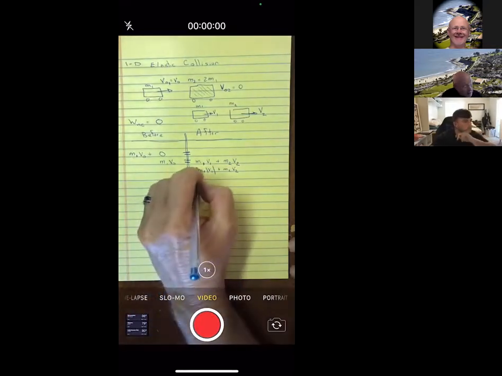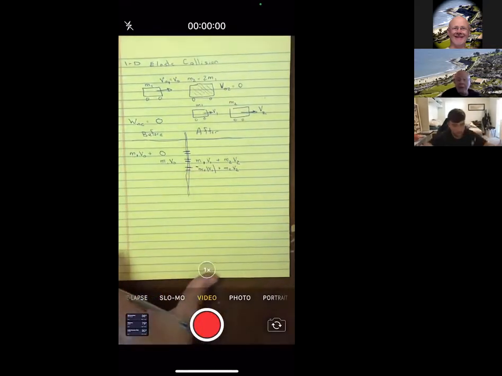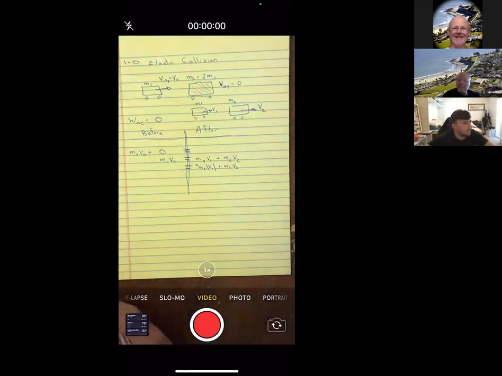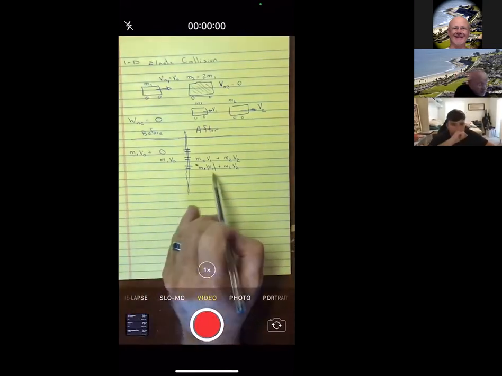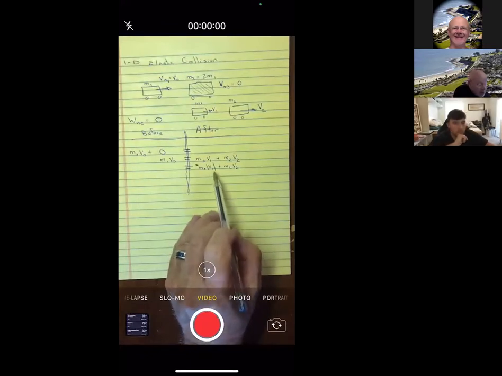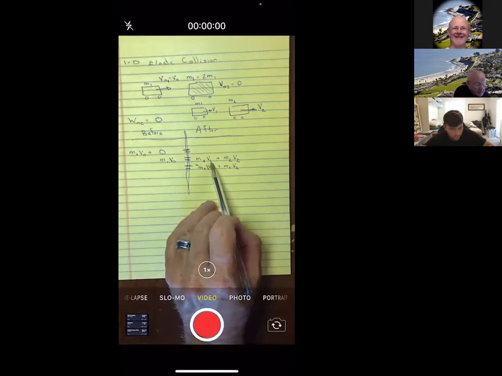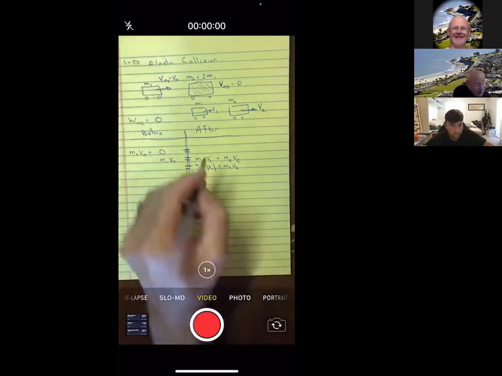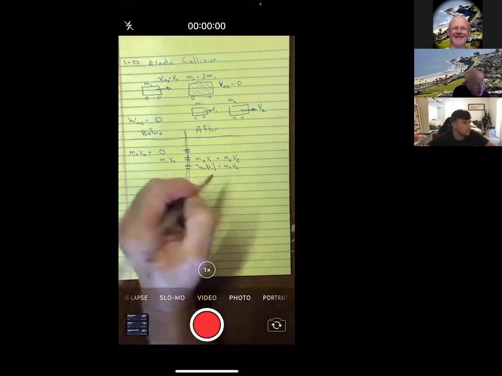So maybe I'll follow his hint. Maybe it'll be more helpful to you and anybody else. Yeah, I'm okay with that one as well. So we're actually going to solve for the absolute value of V1 instead of what I said originally, which was the value of V1. So we're going to get a positive number because we're doing the absolute value of V1.